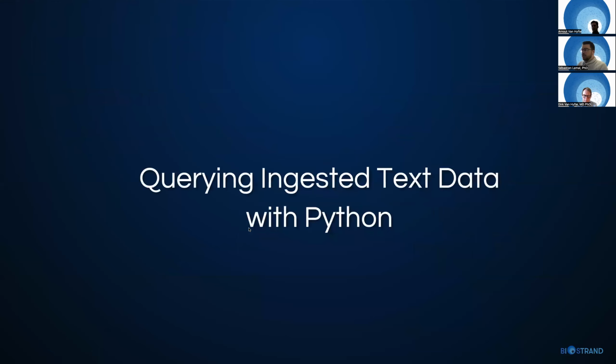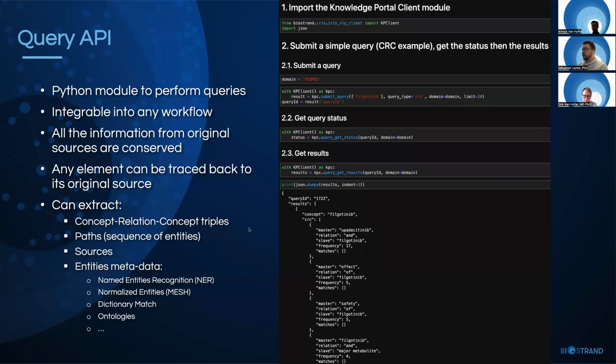The very first use case is how we can query the ingested text data with Python. In order to do that, we built a very simple Python module that is the API from which we can perform different kinds of queries that can be integrated into any kind of workflow.